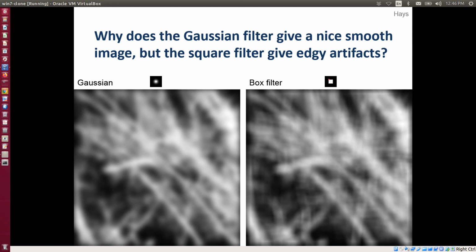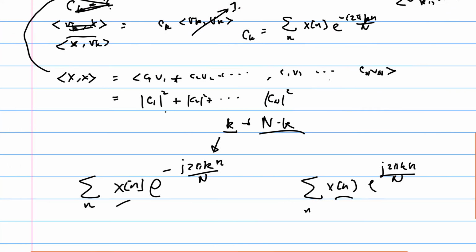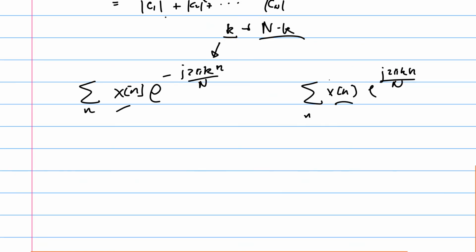Do you remember, maybe not even a box filter, if I have something like this in 1D, just a step function, what's the Fourier transform for this? It's like a sinc. Yes, a sinc.